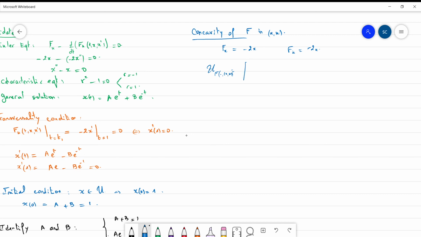Then it will be fxx, fxu, fux, and fuu, which gives me minus 2, 0, 0 and minus 2.